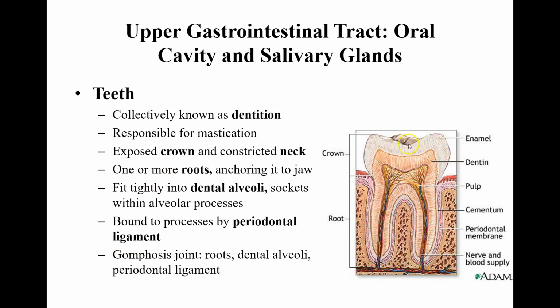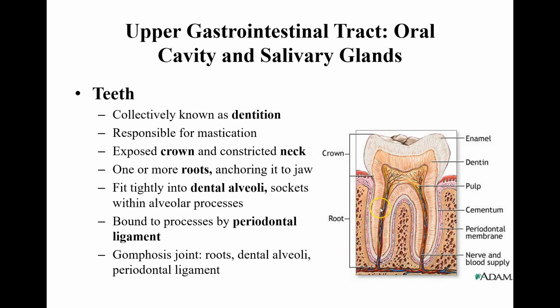The part of the tooth that you typically see is called the crown, and surrounding that crown is a thick layer of enamel. We don't produce new enamel, so the enamel that you have is the enamel that you get. So you don't want to damage that enamel. Deep to the enamel is the dentin. This is a seriously hard material that helps to keep our teeth strong.